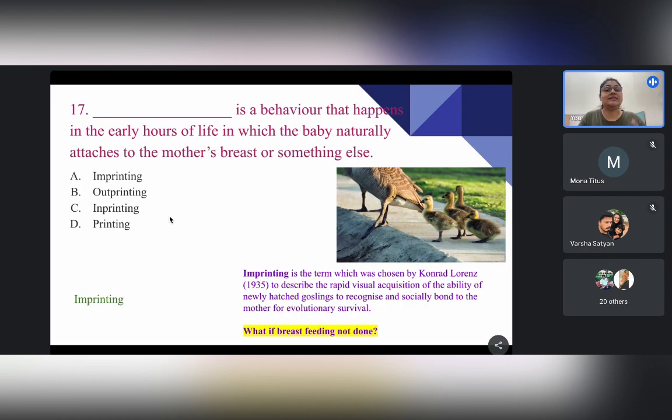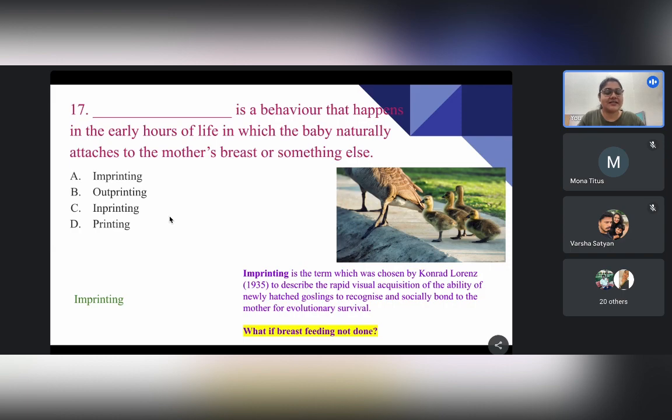Hence all these bottle feeding and other kinds of substitutes which can be used for feeding the child should not be initiated from the first stages. So there is no alternative to breastfeeding. And this is a very interesting concept.